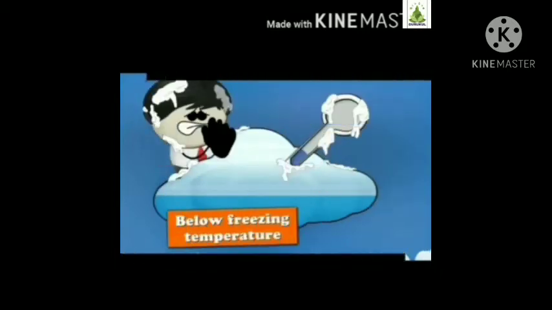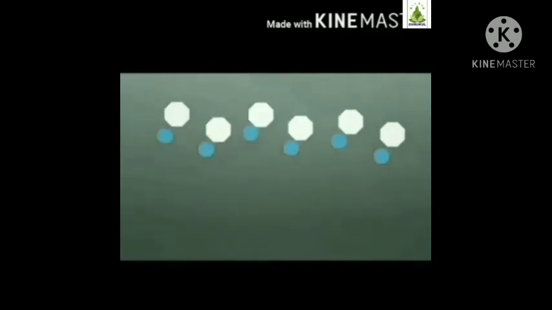High up in the cloud, the air is cold and the water drops there freeze into ice. That makes them heavier. Further down, the ice grains hit the water drops there. They stick to the ice grains and make them grow a bit more.